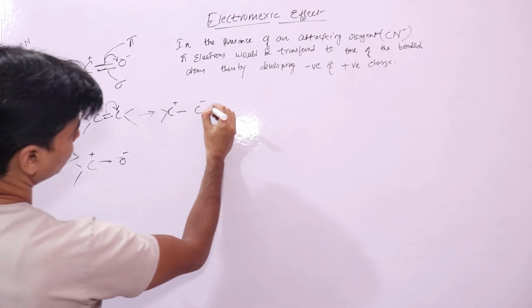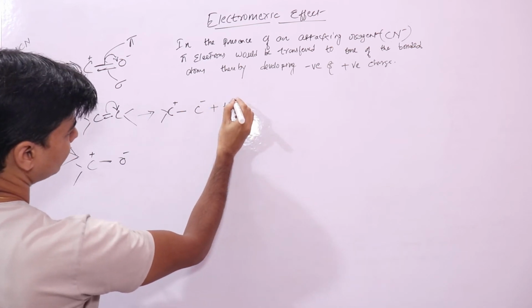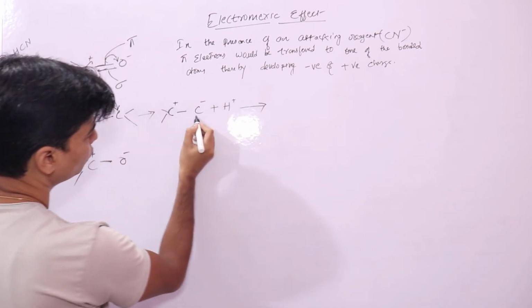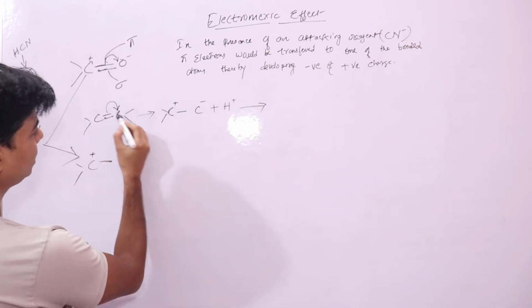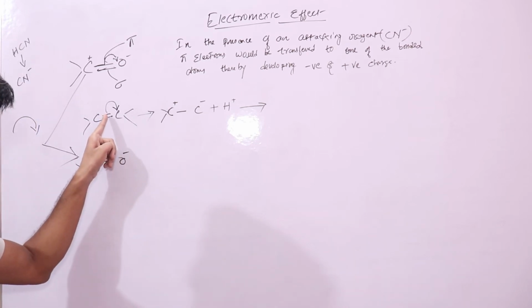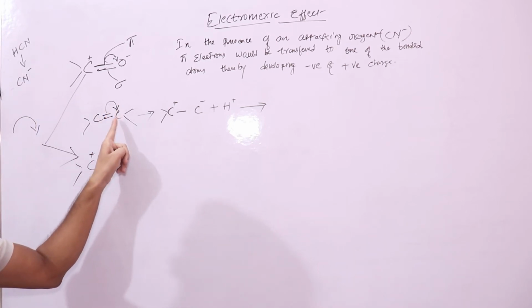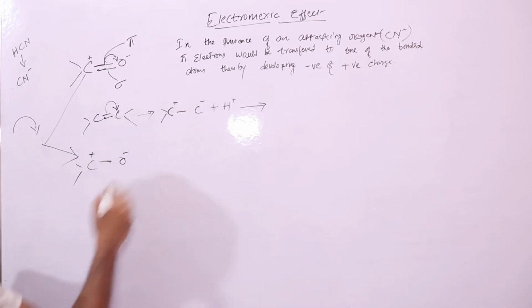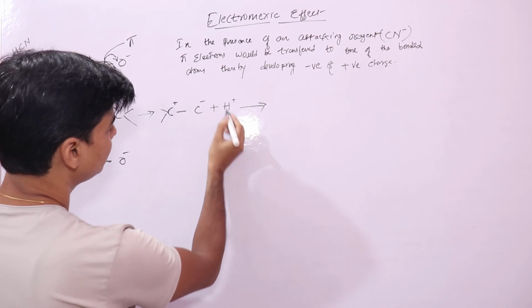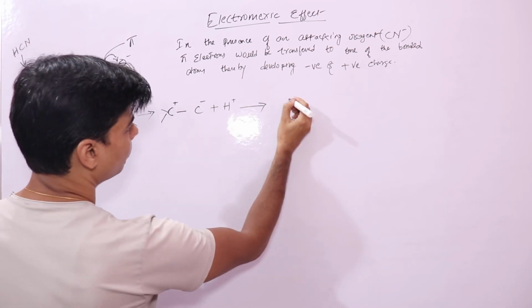Now suppose I add a reagent, a hydrogen ion, and it gets attached to this carbon atom that has received the pi electrons. You can see this arrow, the electrons of the pi bond are received by this carbon atom, thereby making it a negatively charged atom. Now this reagent will attack this carbon atom.